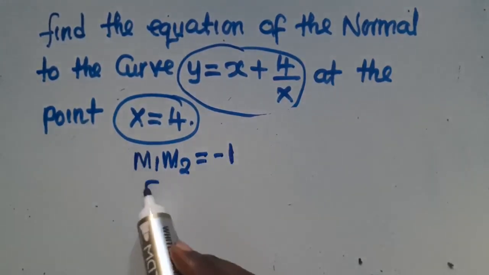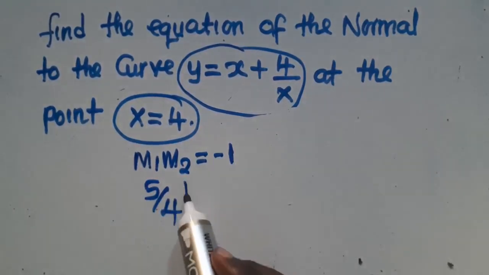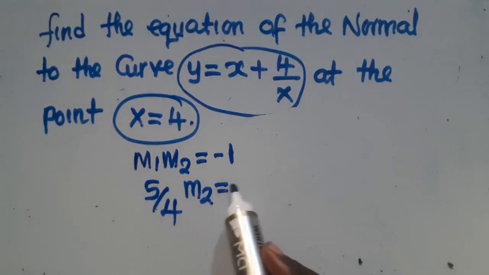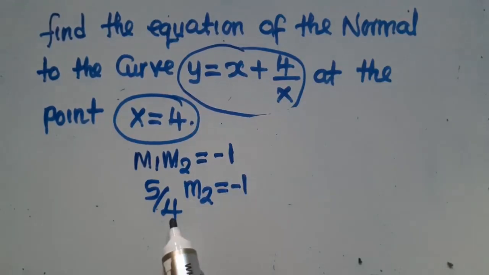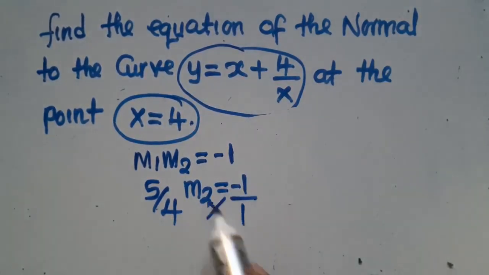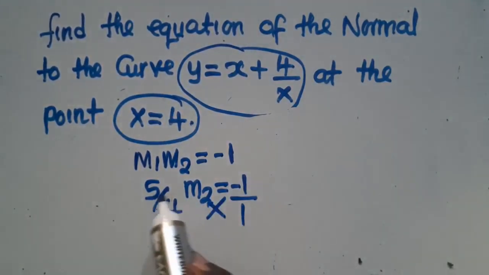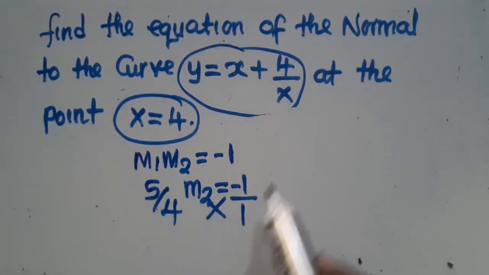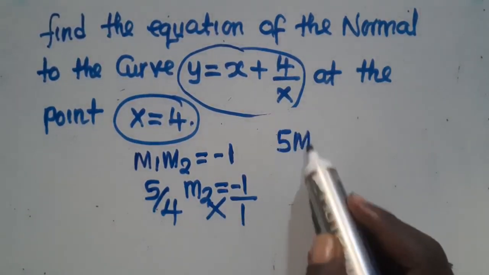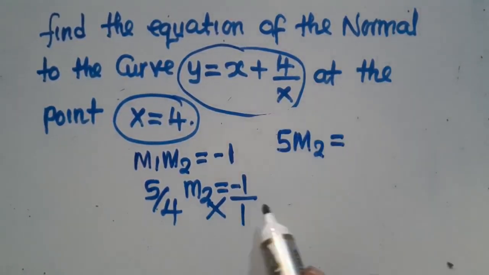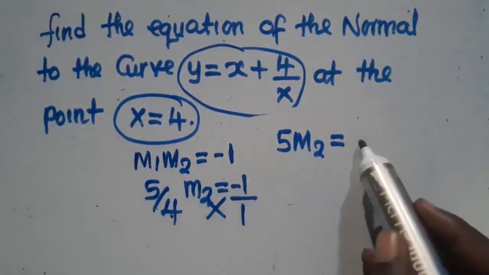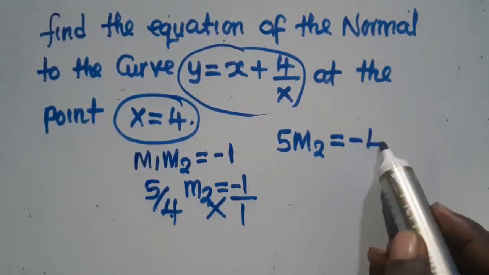That is 5 over 4 times m2 equals negative 1. Put it over 1 and cross multiply. So 5m2 times 1 is 5m2, which is equal to 4 times negative 1, which is negative 4.